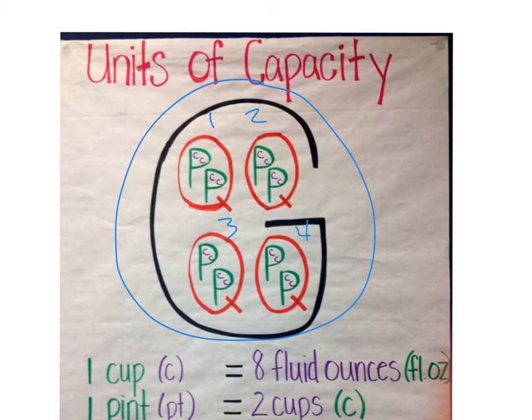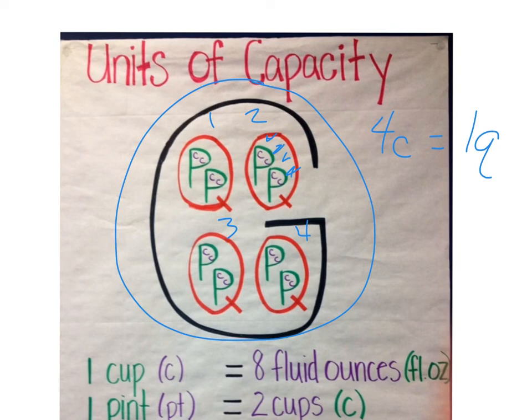If you look here, you can see there's 1, 2, 3, 4 cups, and 4 cups then equals 1 quart. So therefore, you know that if you have 4 cups, it equals 1 quart, because it's within there. So these are some visualizations to help you see those things.